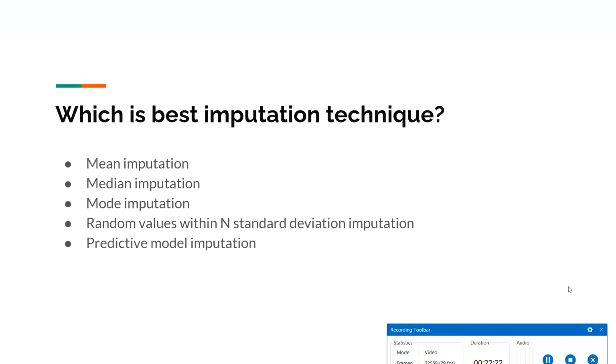Now think of predictive model imputation. As I said, there is a constraint that the column where you have missing values should be correlated with a set of columns, and only then can this approach be practiced. However, even if you get some columns and you think of building a predictive model imputation approach, make sure that the model you have made is highly and properly tuned.